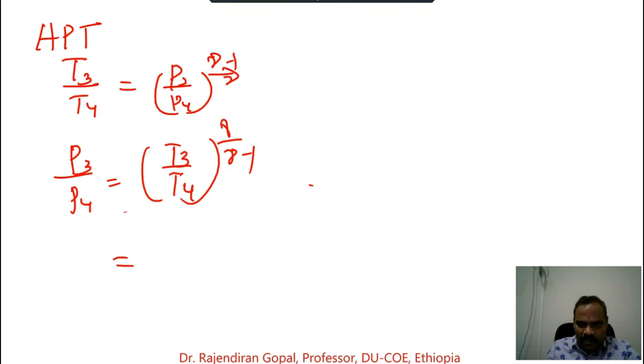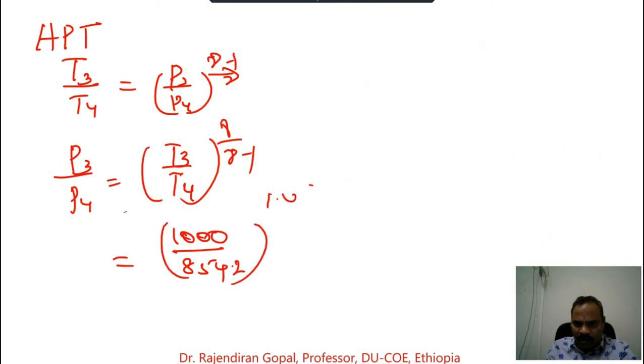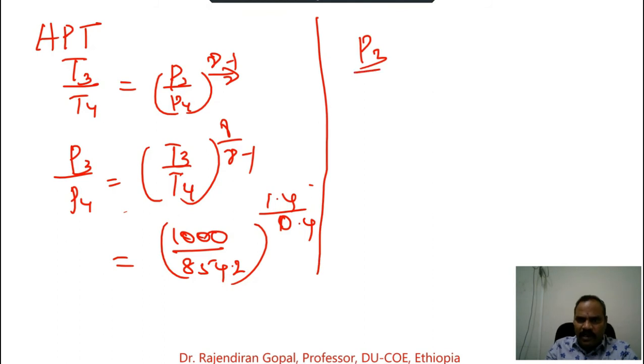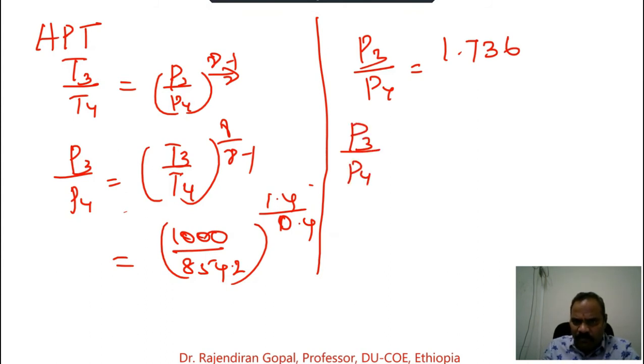That is equal to 1000 over 854.2 whole to the power 1.4 divided by 0.4. We get P3 by P4 is equal to 1.736. We can write the left hand side, P3 by P4 is equal to P3 by P5 multiplied by P5 over P4, that is equal to 1.736.